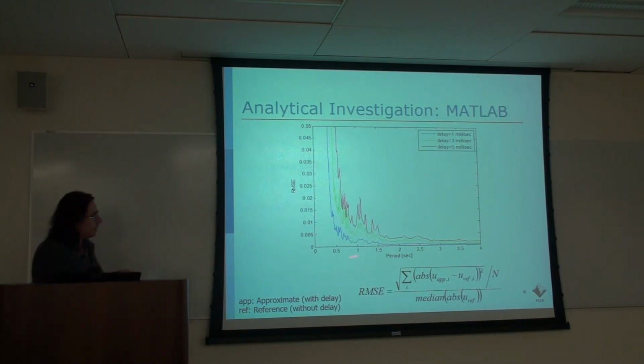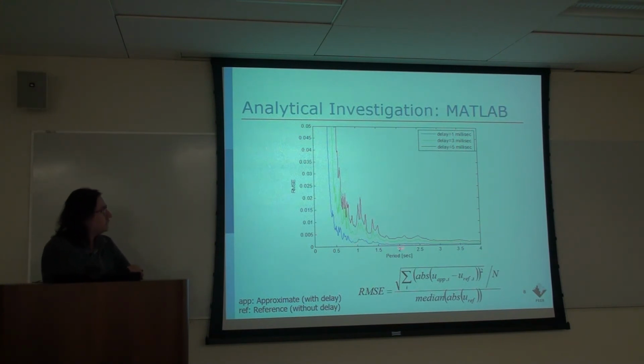I can repeat this for different periods, right? Eventually this becomes my root mean square error spectrum, because this axis is period and this axis is some computed quantity. Here I'm doing that exercise for 3 delay cases: 5 millisecond, 3 millisecond, and 1 millisecond.